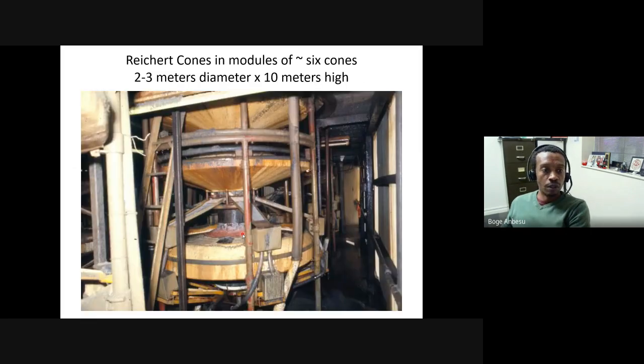So this is a picture of a Reichert cone. I think there are about 6 of them that you can have on top of one another. So as I was saying, particles fall along the cone, and heavy particles fall to the bottom of the cone, and then there will be a cut here, as this picture shows, where the heavies are collected in this box here.